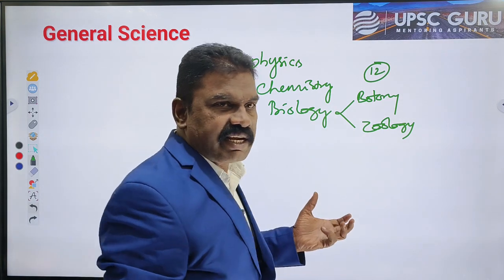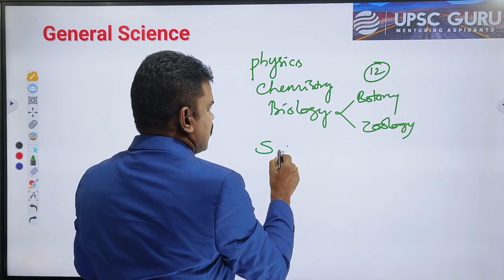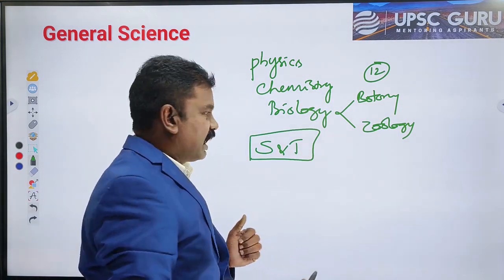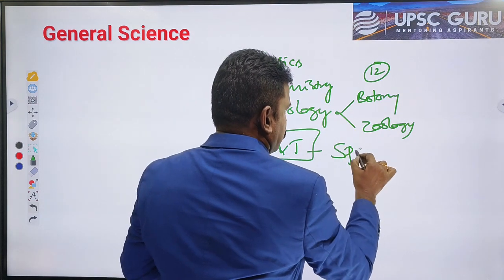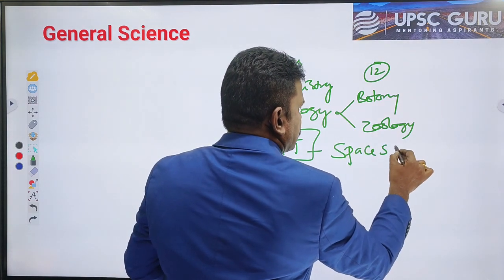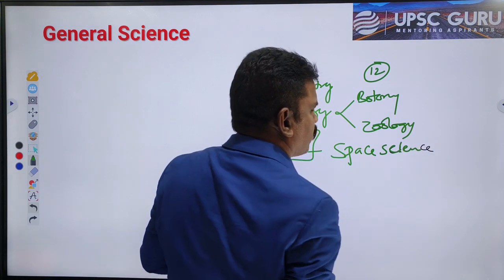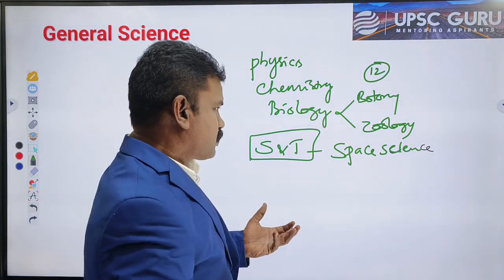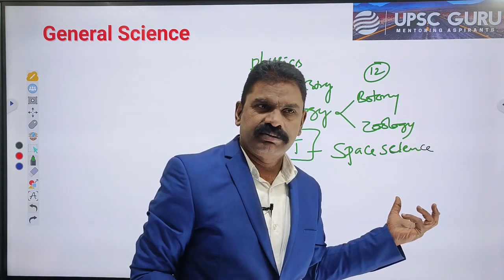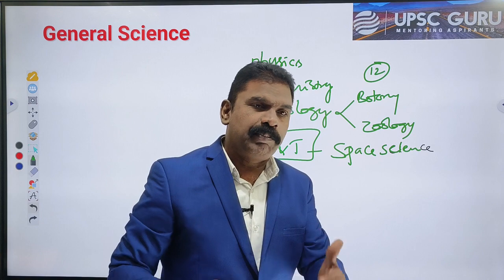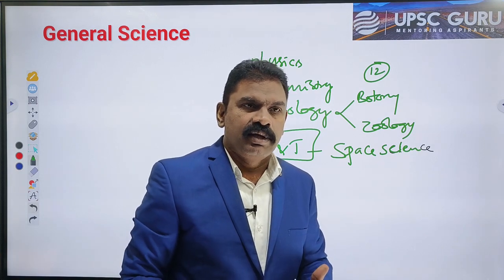Along with this, science and technology. Latest science and technology, like space sciences and the latest developments in space science. Especially, we successfully conducted Chandrayaan 3, which comes under developments in space sciences.